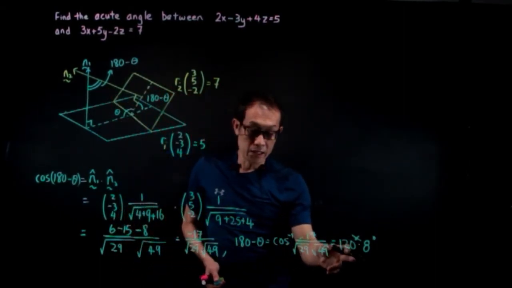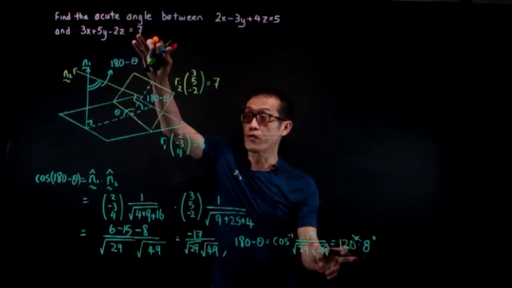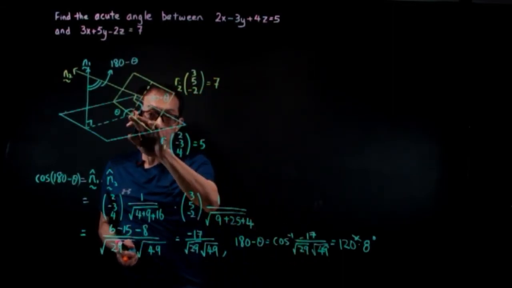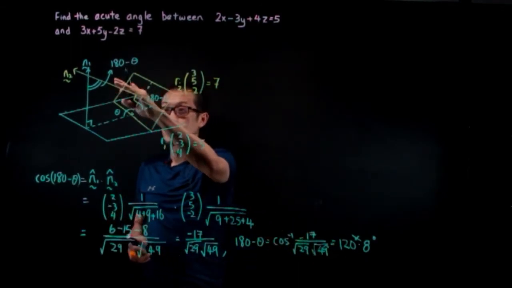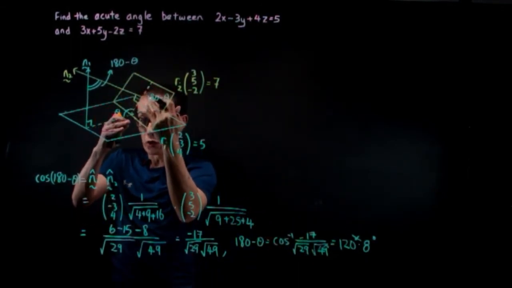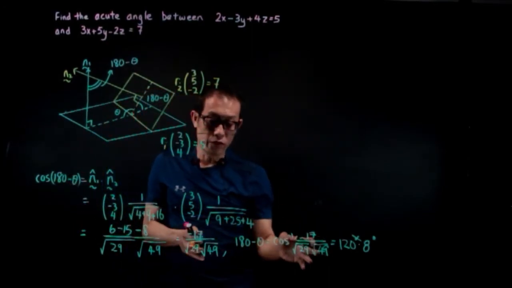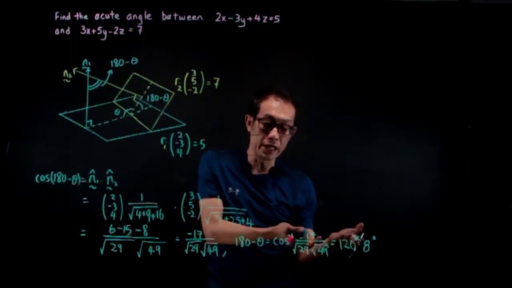Now if this angle is obtuse, they look for the acute angle. You just need to use 180 minus the obtuse angle. When we draw, we do not actually know whether it's acute or obtuse, so I just draw for you. Once you find that it is obtuse, the acute angle is just 180 minus this.